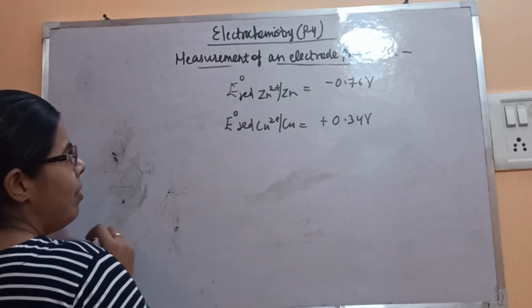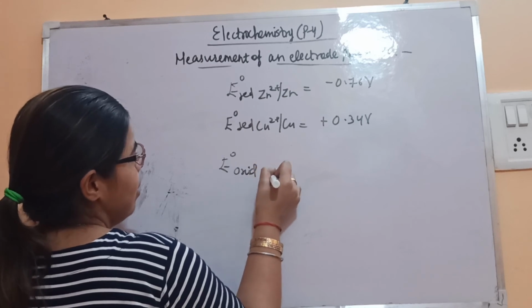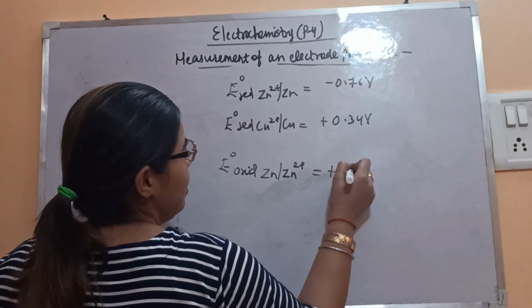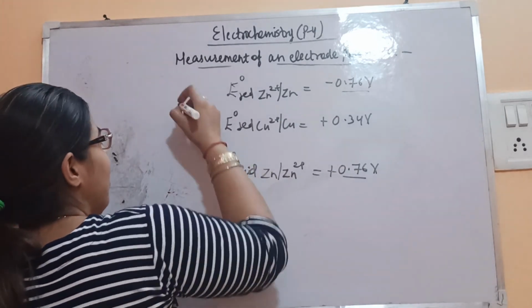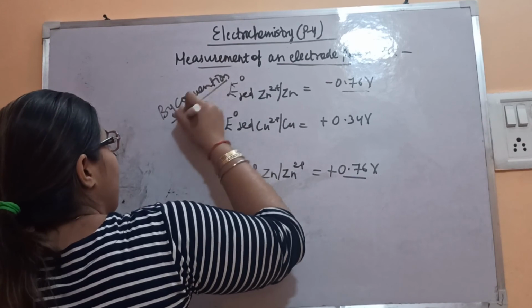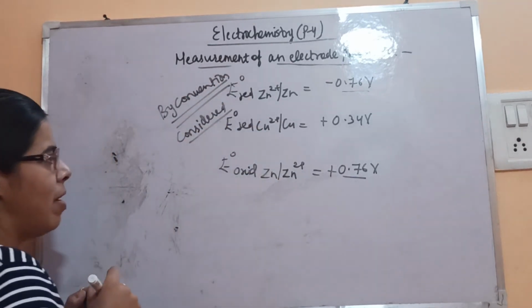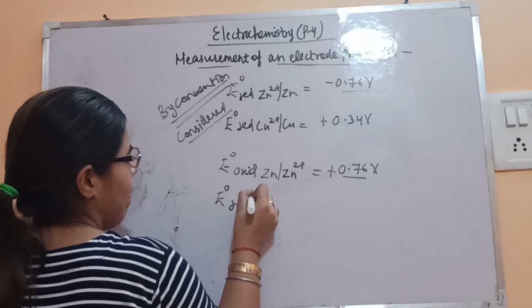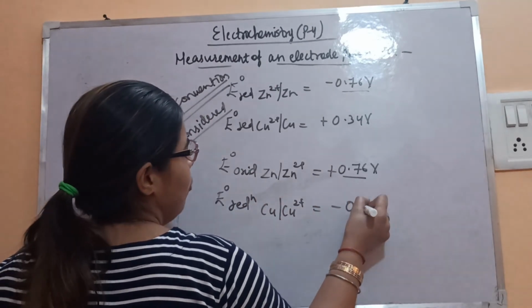If we look at the oxidation potential, for zinc the value will be 0.76 volt. The magnitude remains the same but with the opposite sign. But by convention, we have to consider the reduction potential. Similarly for copper, the oxidation potential is minus 0.34 volt.